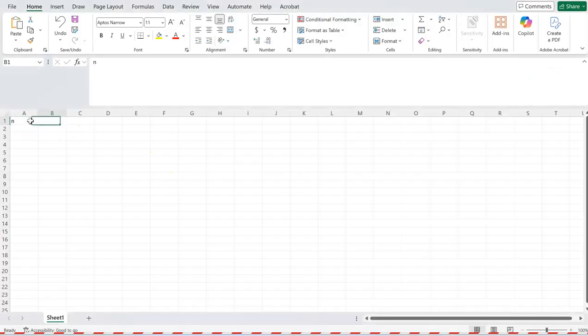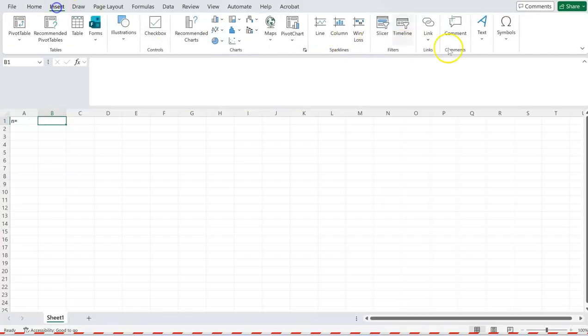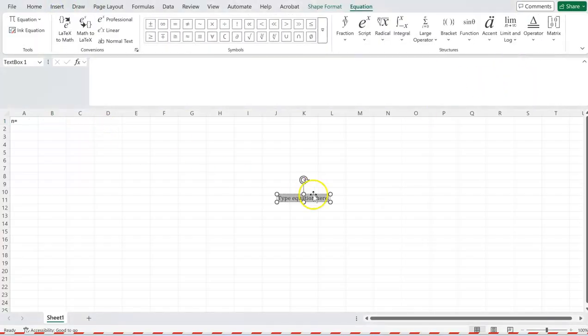So I'm going to have a column for n here. Call this n equals. And then this is going to be my equation.